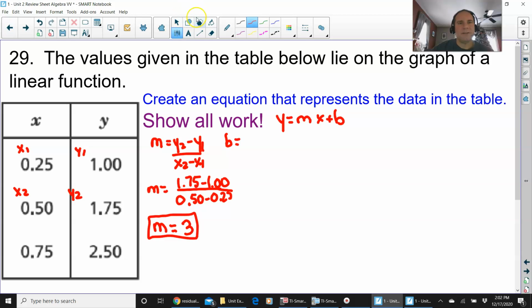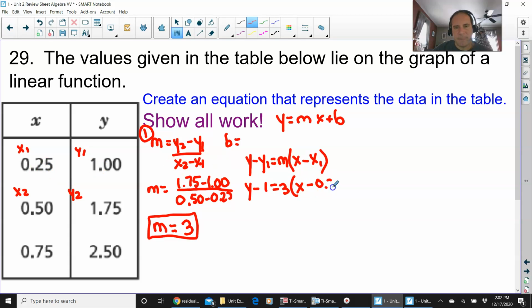Well, this is method number 1. We are just going to use the point-slope formula: y minus y1 equals m times x minus x1. So y minus 1, since y1 is 1, equals the slope 3 times x minus 0.25, since x1 is 0.25.